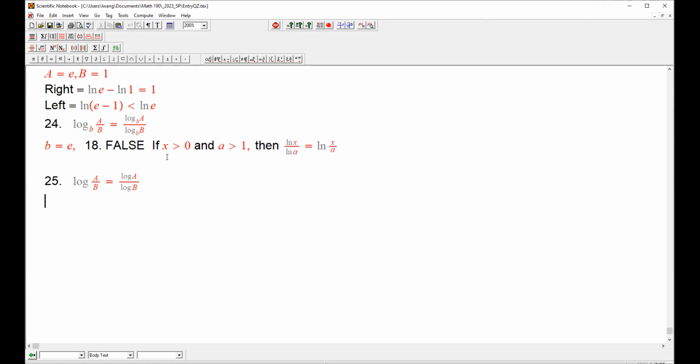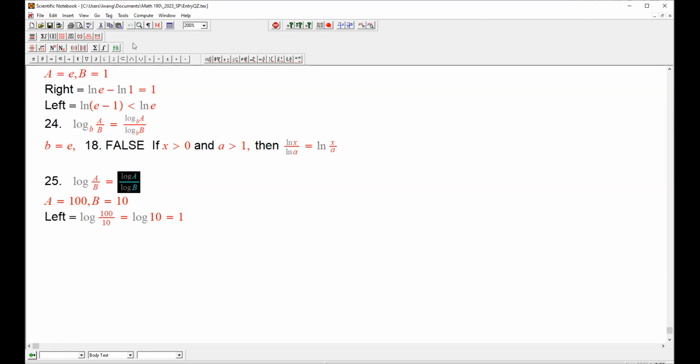For the common log, you got some quiz questions on these too. I can give you a equals 100, b equals 10. So the left-hand side is log of 100 divided by 10, which equals log 10, which equals 1, right?